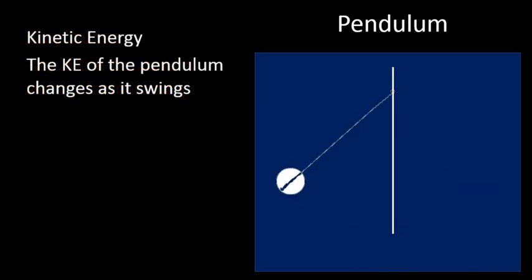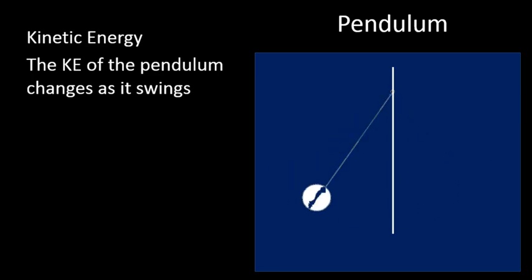Okay, so the reason the lesson talks about a pendulum is that it helps illustrate how kinetic energy changes as it swings. So when we look at the pendulum, when it's at its very height, right, there's a little pause. And so when it pauses and reverses direction, it's going to have the least amount of kinetic energy.